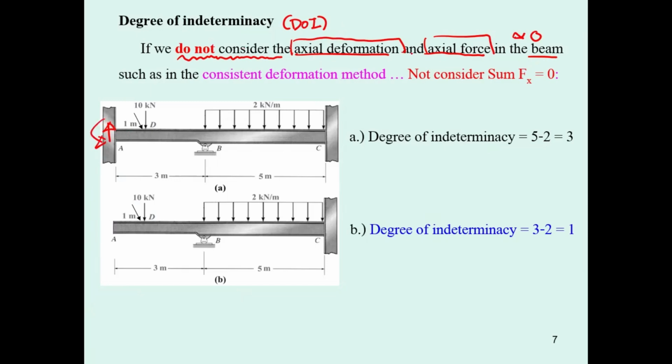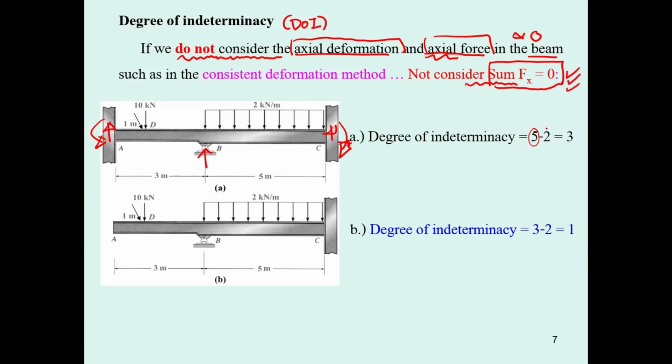Since there is no axial force, the reaction here is going to be 2, and this one is going to be 2, and this one is going to be 1. The total unknowns in this condition are going to be 5. And since you don't care about the axial deformation, the equation of equilibrium, summation of Fx, is automatically satisfied.